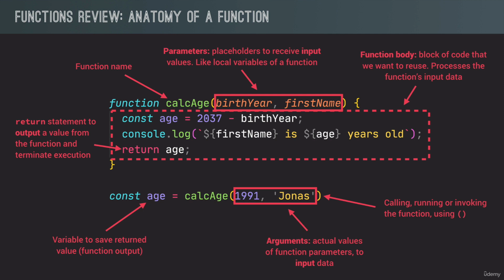Okay? Now, just one other thing that I want to make clear is that this console.log that we have in the function, so in that first line there, has nothing to do with returning a value. This simply prints a message to the developer console, but it has nothing to do with returning. So actually, the console.log is just another function call inside the calcAge function, because console.log is itself a function.